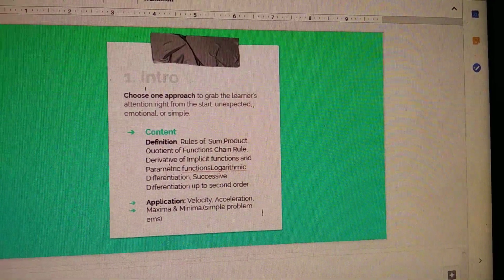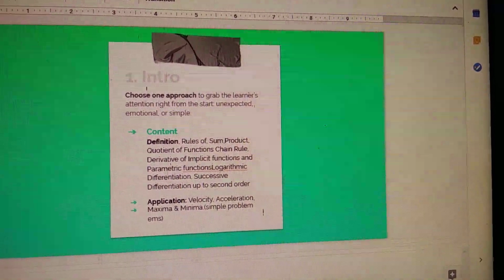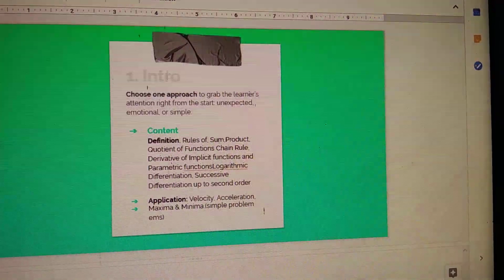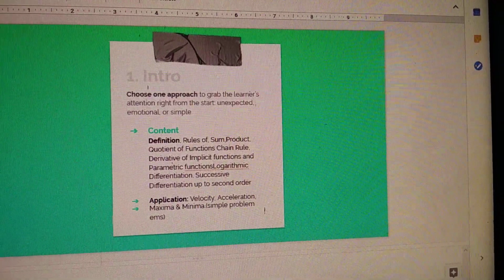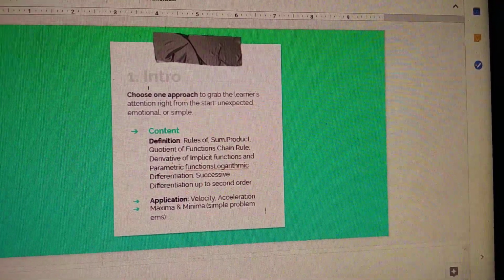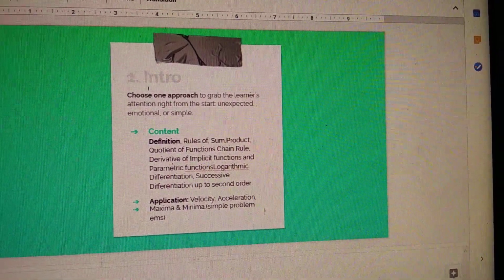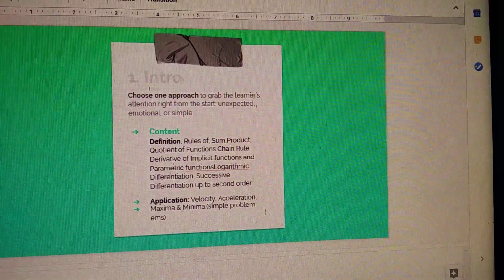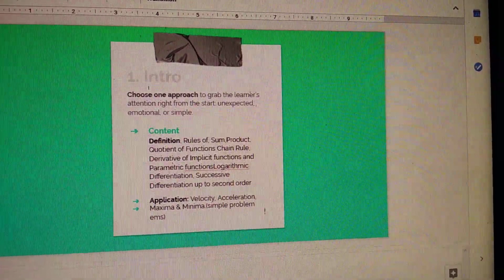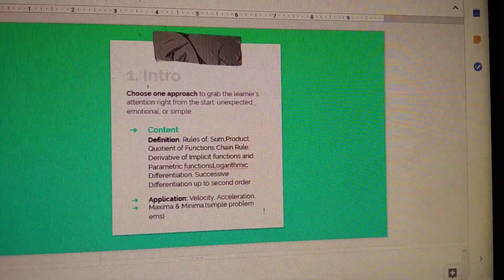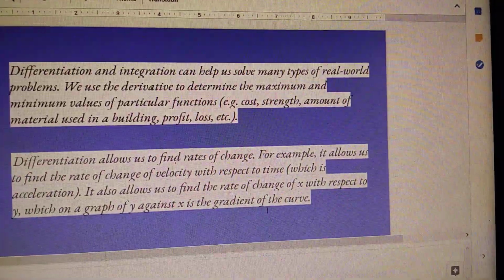Now we find second, third derivatives. And at the end of this chapter, we apply our concept of derivatives to finding velocity, acceleration, maxima and minima.